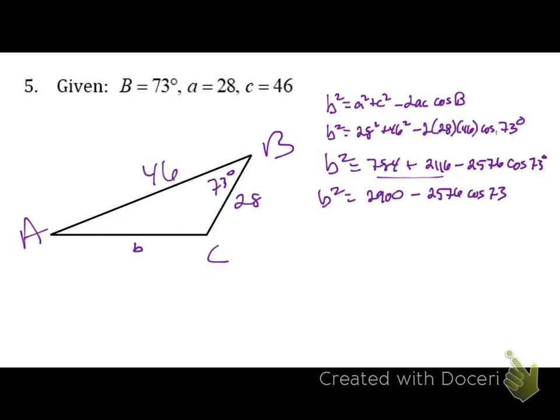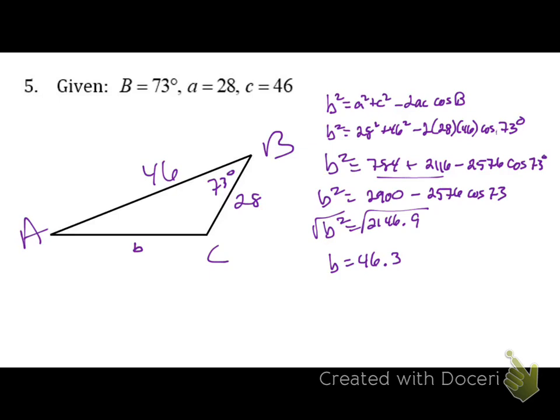You got to multiply the 2576 times cosine of 73 first. So when you do that, you do get 2,146.9, and then we're going to square root both sides. And so little b is 46.3. Okay?